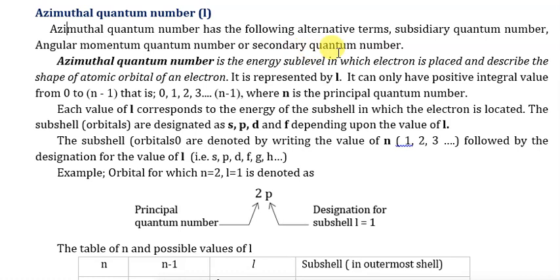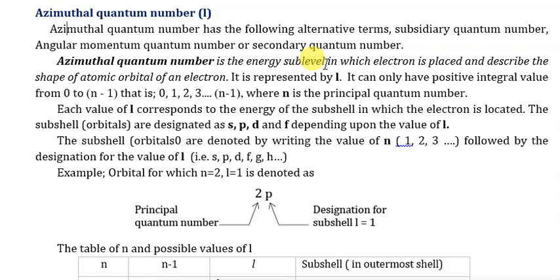Now, the azimuthal quantum number is the energy sublevel in which an electron is placed and describes the shape of the atomic orbital of an electron. One among the quantum numbers which you must understand more is the azimuthal quantum number. Azimuthal quantum number yenyewe ni energy sublevel.